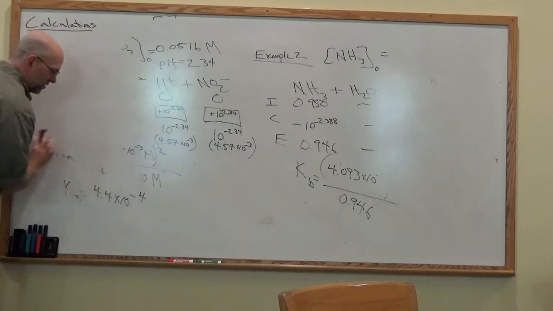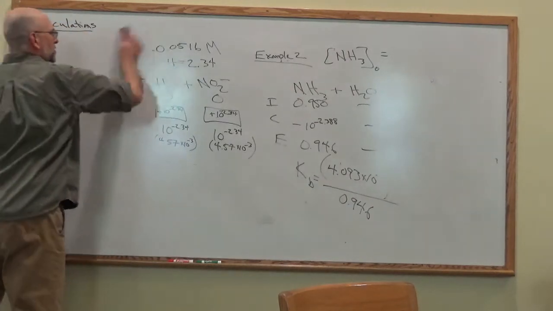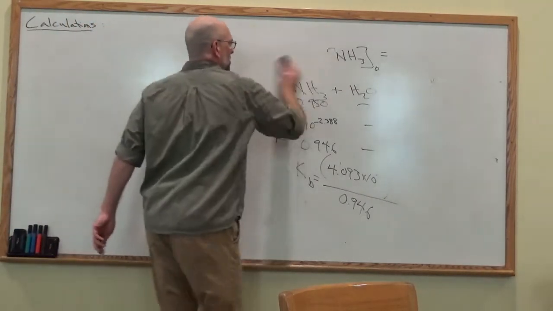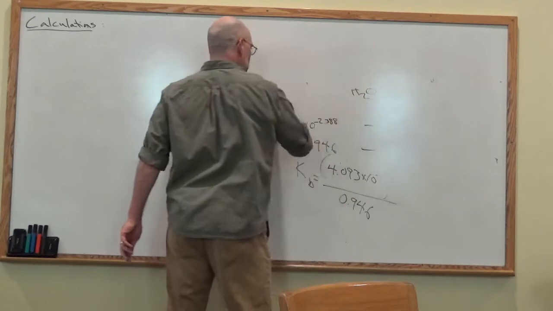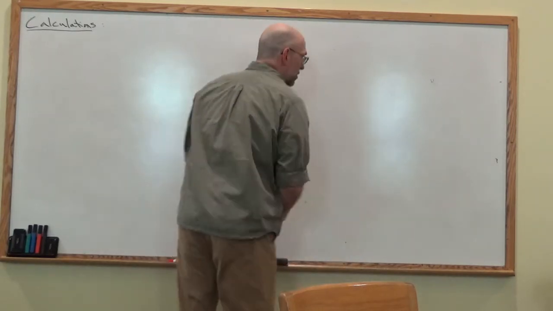Because as you recall, sometimes things act as acids, sometimes they act as bases, and you want to be able to interconvert them. It's a very simple equation. In fact, I'm going to give you the answer now.